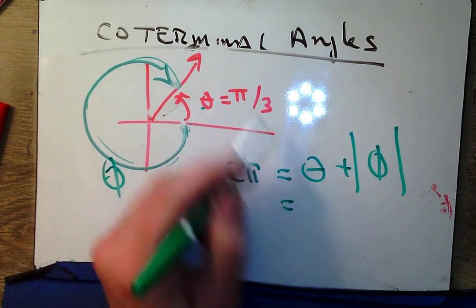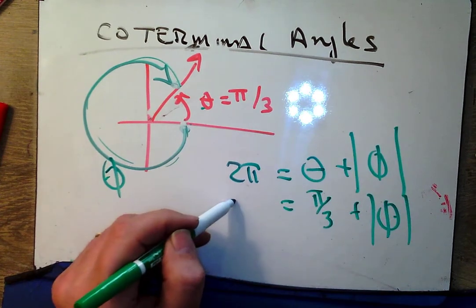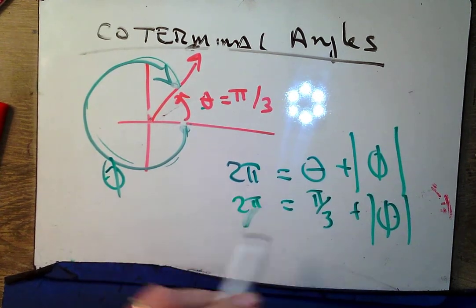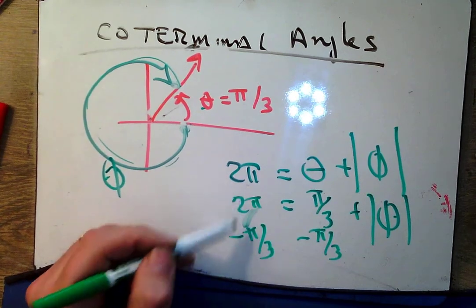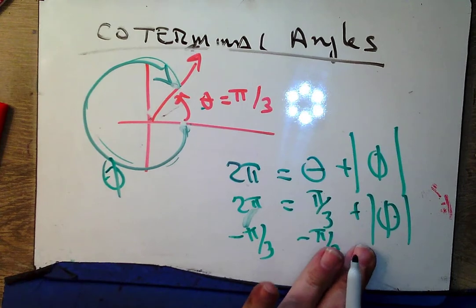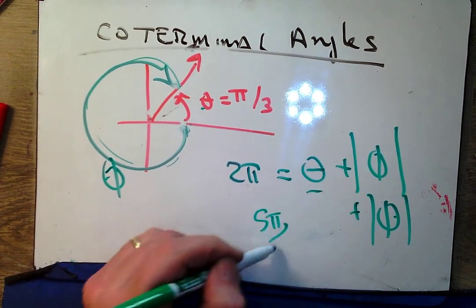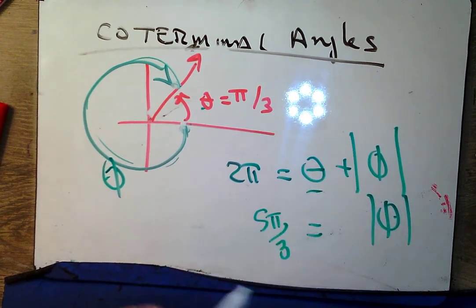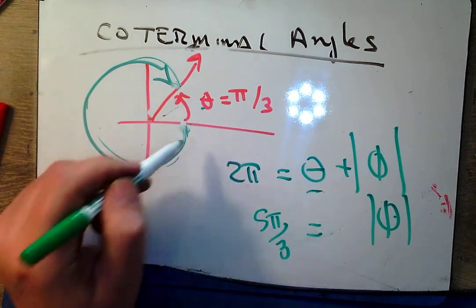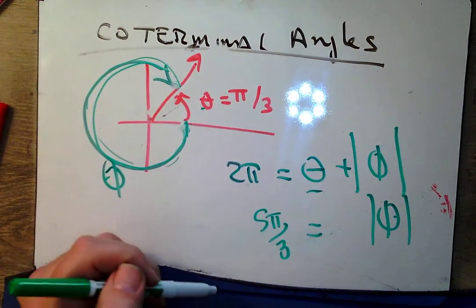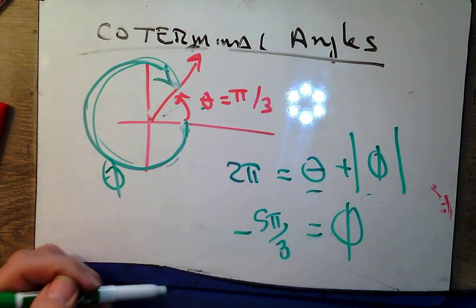So we know that theta is pi over 3. 2 pi. So if I subtract pi over 3 from both sides, I'm going to get 6 pi over 3 minus 1 pi over 3 is 5 pi over 3. Okay. So we get 5 pi over 3 equals the absolute value of phi. But since we're headed in the negative direction, I want to say then that phi is negative 5 pi over 3.